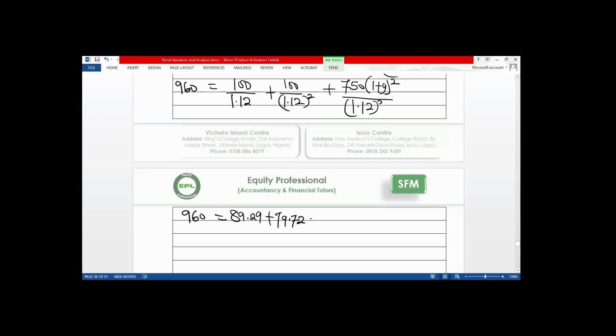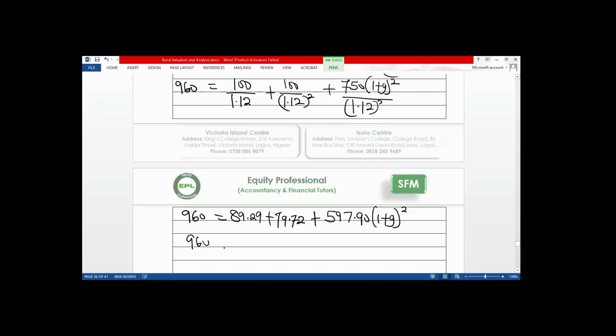Okay, that will give us plus 597.90 approximately, bracket 1 plus G raised to power 2.